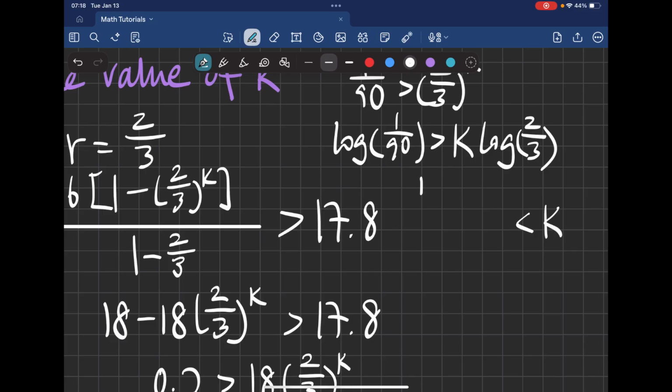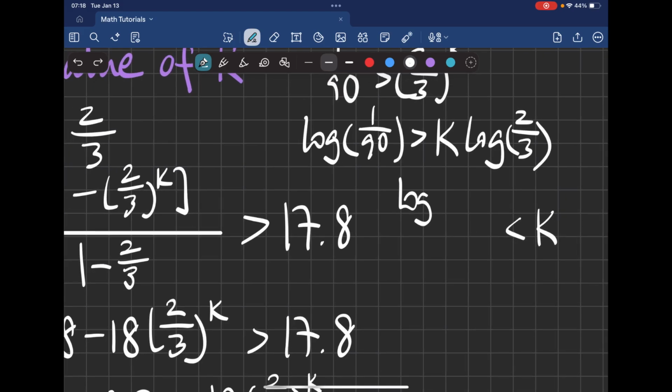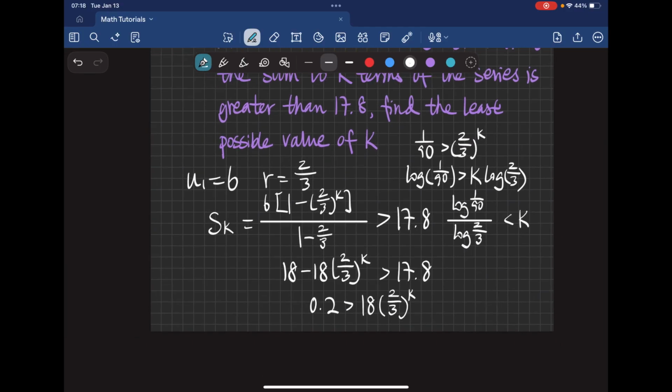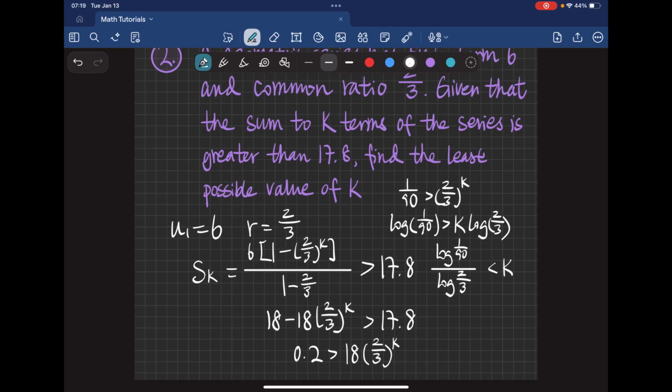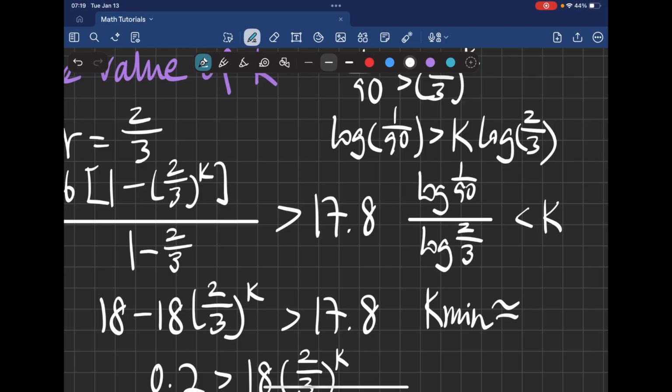Why? Because log 2 over 3 is negative, so when we divide an inequality on both sides by a negative value, the sign must be flipped. So that's why we have a minimum value for k, right? And then if we put it in the calculator, k minimum is roughly 12.